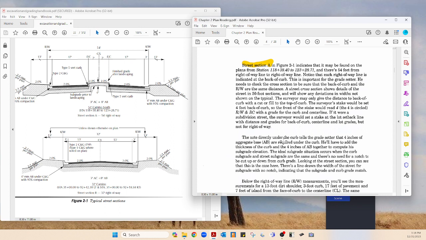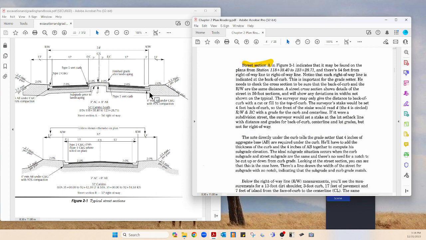Okay, note directly under the curb, right there, is what it's talking about. Again, that wants a certain kind of base, and it gives you the 95% specification for compaction. So they'll actually come out with a nuclear density meter, and that measures moisture content, and you've got to be within 95% of what is specified, and that's pretty tight.